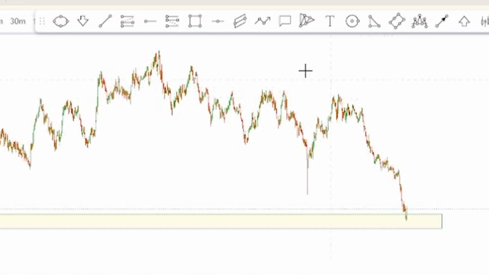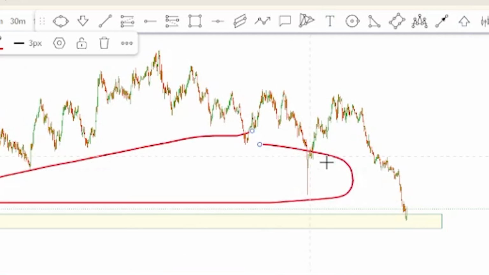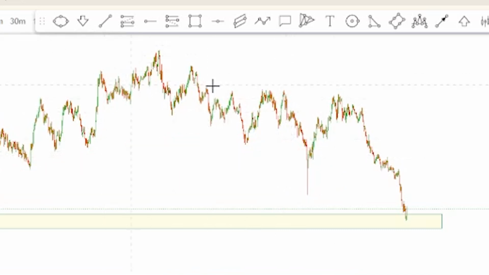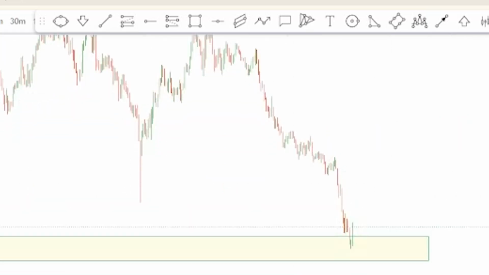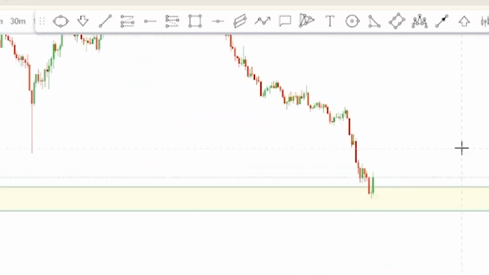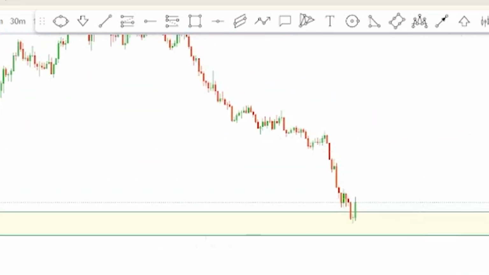Okay, this was a correction of this imbalance area, this one, and we came back to our previous low where we started buying from. Let's see if we can create a double bottom from this area.